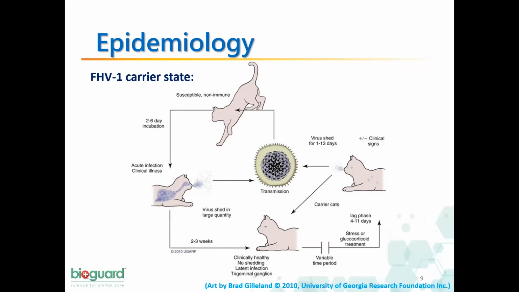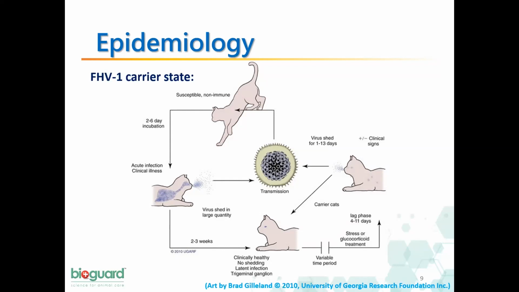And after that, depending on the cat and at variable times, as I mentioned before, due to stress, the pre-infected cat will start shedding the virus again. However, this shedding will not be very immediate. There is a lag phase of 4 to 11 days after the stress.